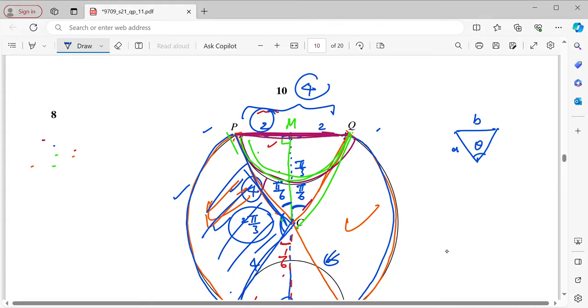Okay, here is 4. If here is 4, this is also 4. Okay, I will use this as my B because you already have the data. So which means now the area of the triangle is half AB sine theta. So I'm going to use these 2 sides. Okay, so 4, 4, then the angle is pi over 3.